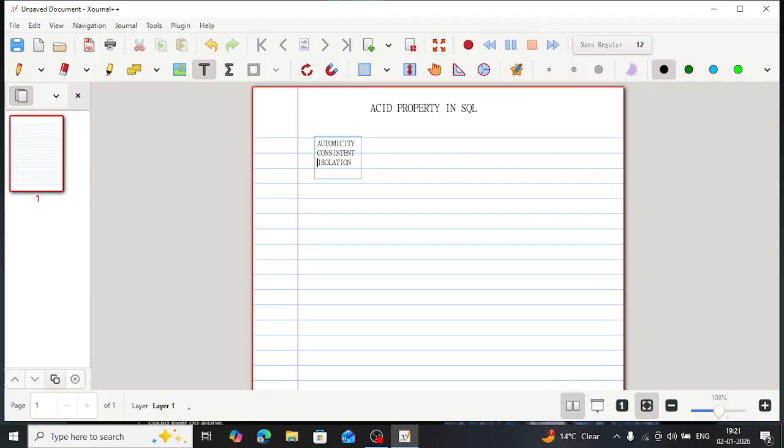So atomicity, consistency, isolation, and durability. This is my ACID properties. First we understand what is atomicity with an example.